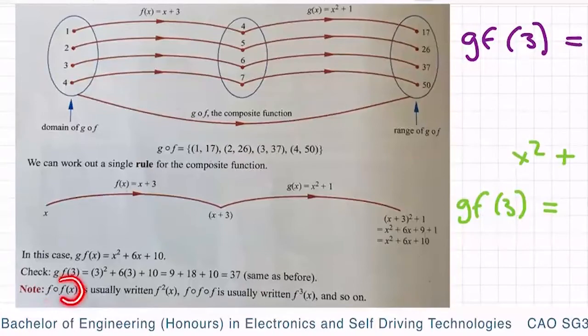You sub it into f of x and you sub the answer back in. Okay, it's a bit more confusing when it's written as f squared of x like that. Okay, so f squared of x is f after f. Okay, and then you can even do it 3 times. So f after f after f would be written as f cubed of x.